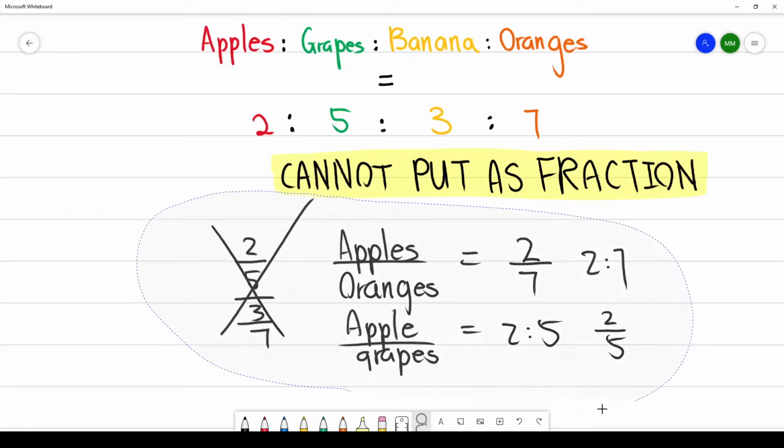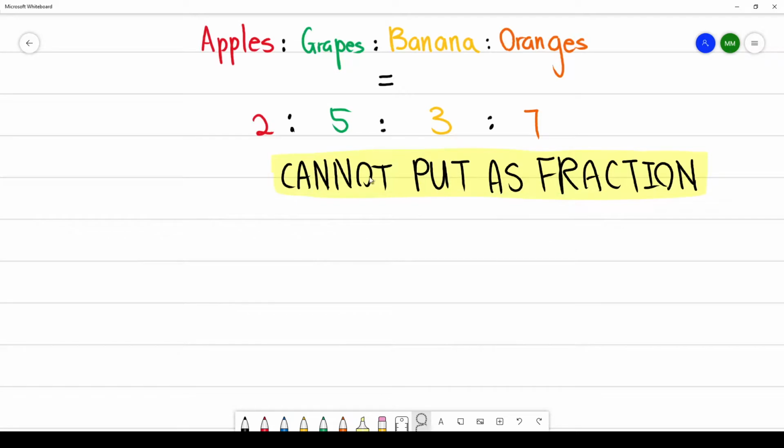So I'm going to erase this for now. And I'm just going to never put it as a fraction.